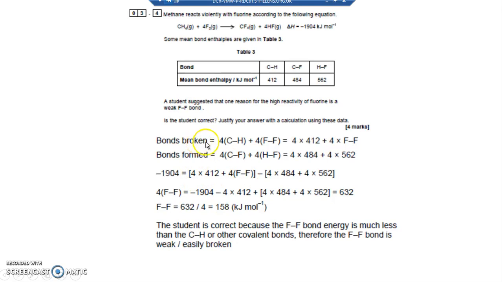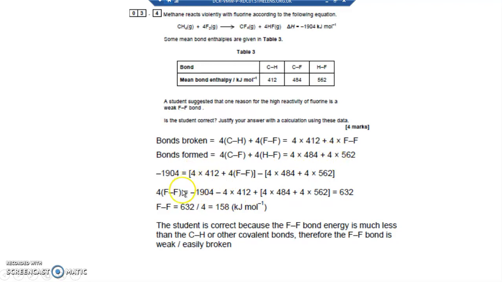equals the bonds broken, or the reactants. Bond enthalpy, reactants take away products. Reactants or bonds broken here is this value, 4 times 414 plus 4 times FF that we don't know. Take away the products or the bonds formed, take away 4 times 484 and 4 times 562.